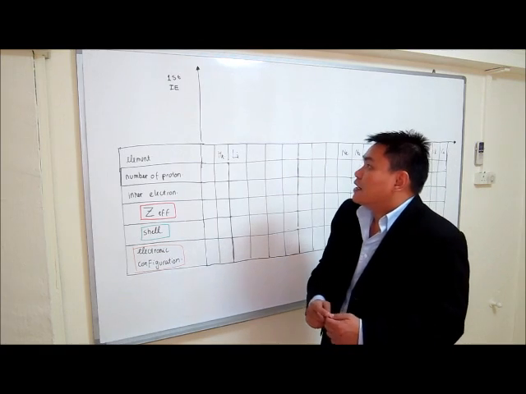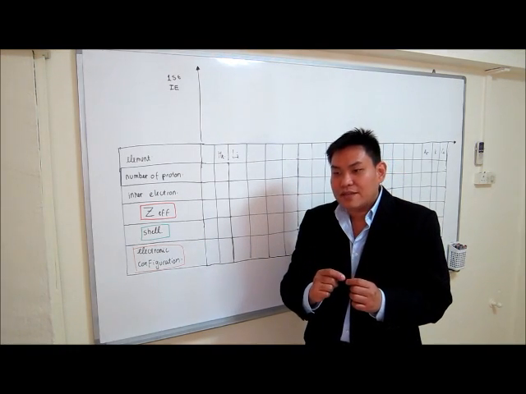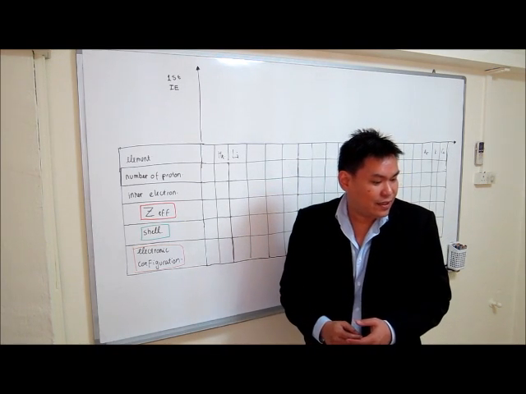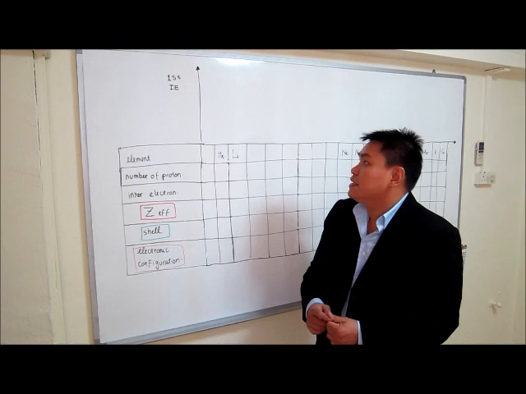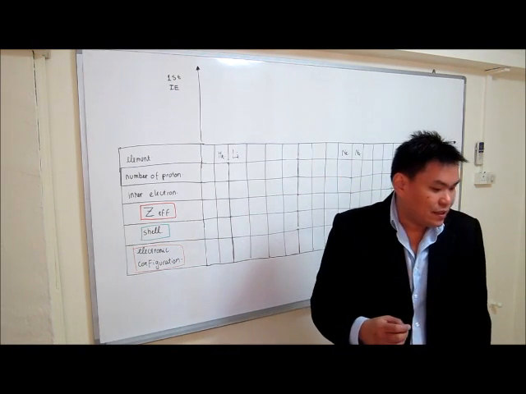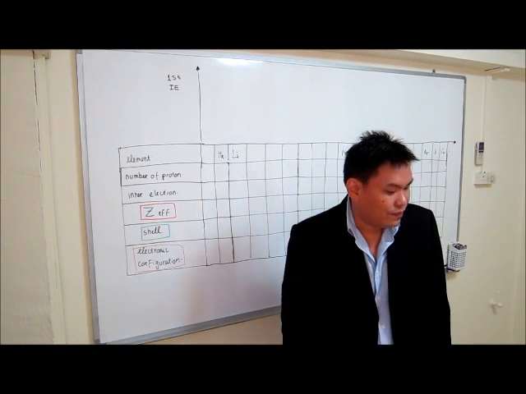So if it is difficult to remove an electron from the atom, then the first IE will be high. If it requires a small amount of energy, then the first IE will be low.